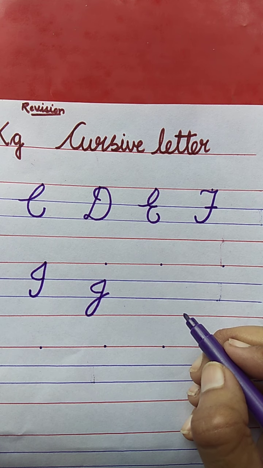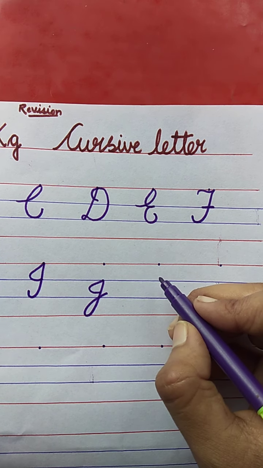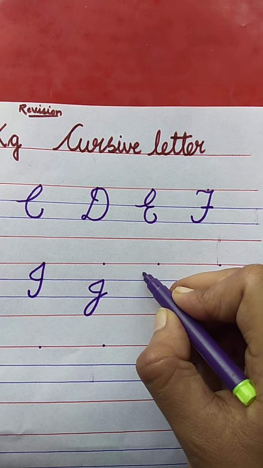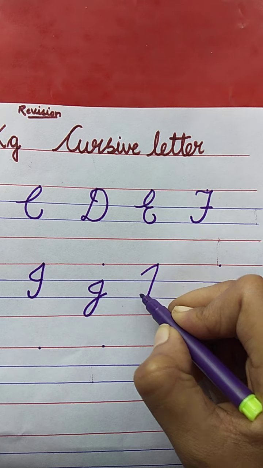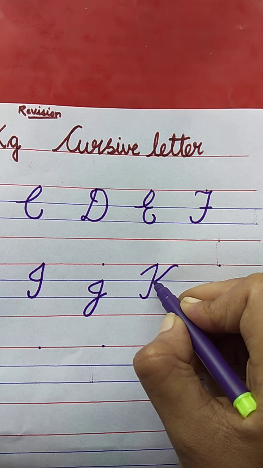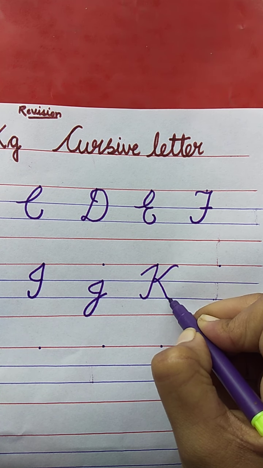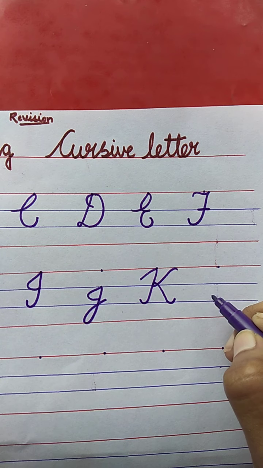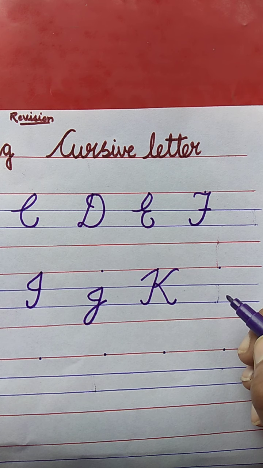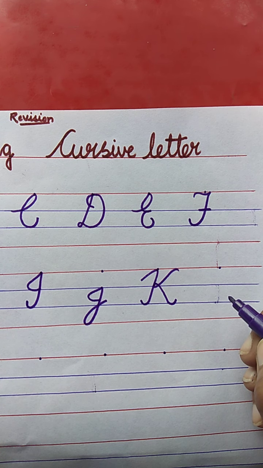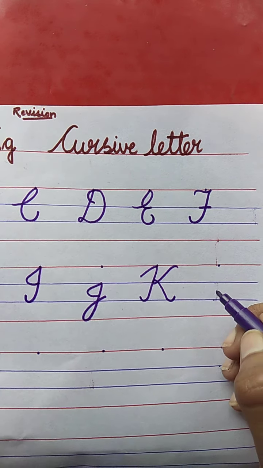K. K for kite. See here. A curve, slanting line, one more curve. Curve line, loop, one more curve line. K for kite. The spelling of kite is K-I-T-E. Kite.